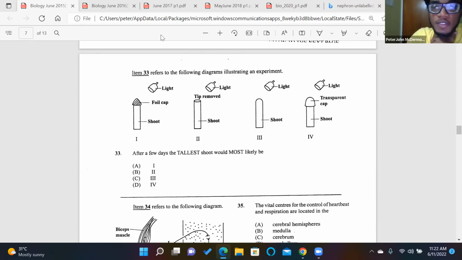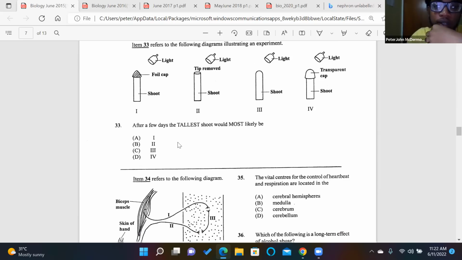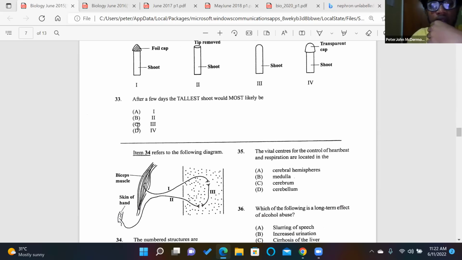Foil cap. So what does a foil cap cause? I don't think light can get through the foil. So yeah, it's that.